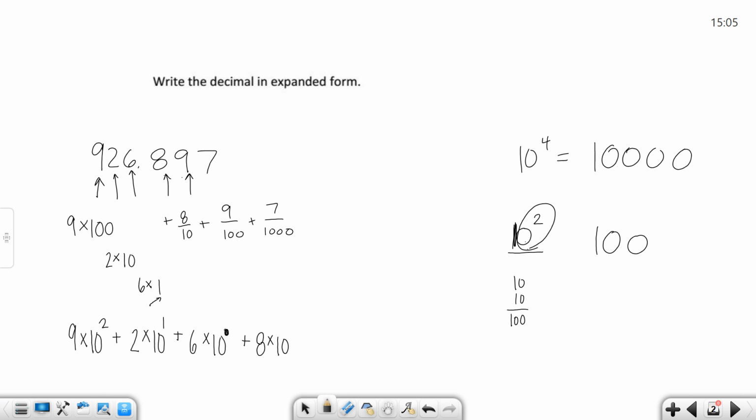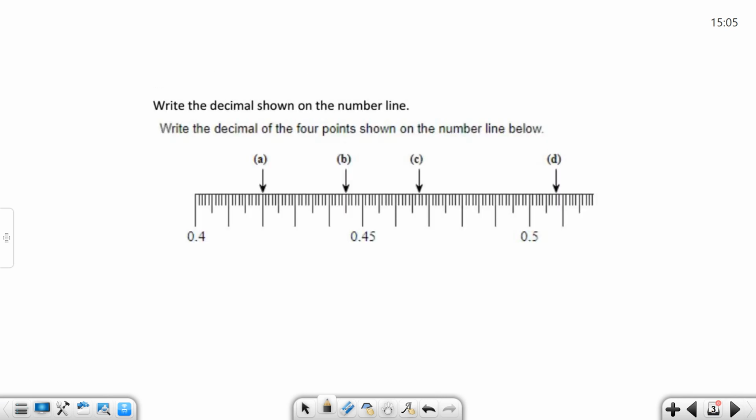When it's in the bottom, its exponent is negative, so this would be 8 times 10 to the negative 1. Then 9 times 10 to the negative 2, and 7 times 10 to the negative 3. Mine's kind of messy, but that's how you would write it in expanded notation and exponential expanded notation.